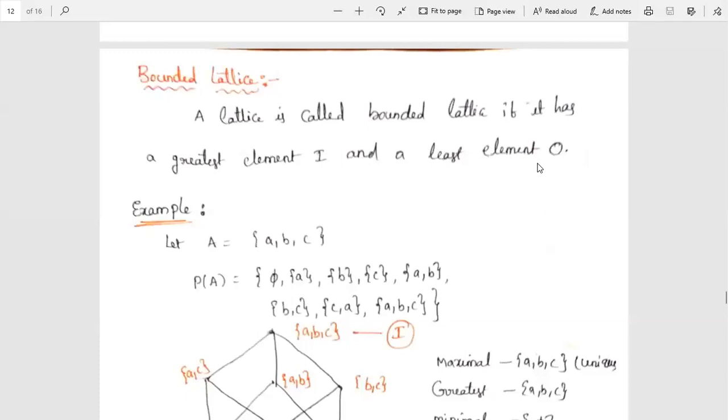What the greatest element and least element are, we already discussed in previous definitions.